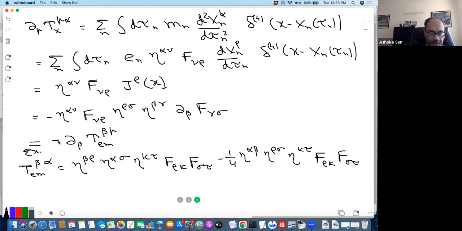So this is a straightforward exercise. If you just take the divergence of this, you have to do some manipulation using the Bianchi identities. You remember the Bianchi identity of the field strength.